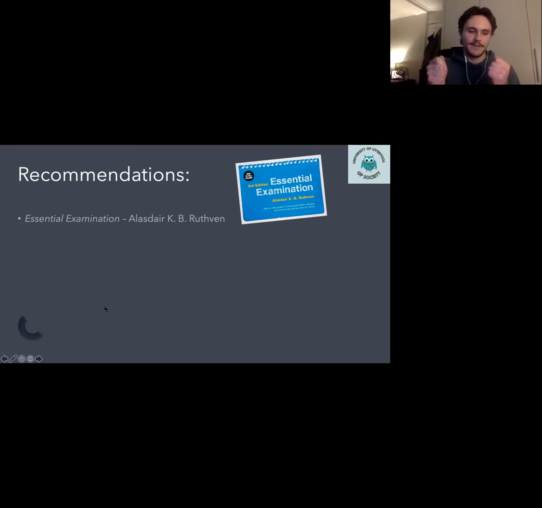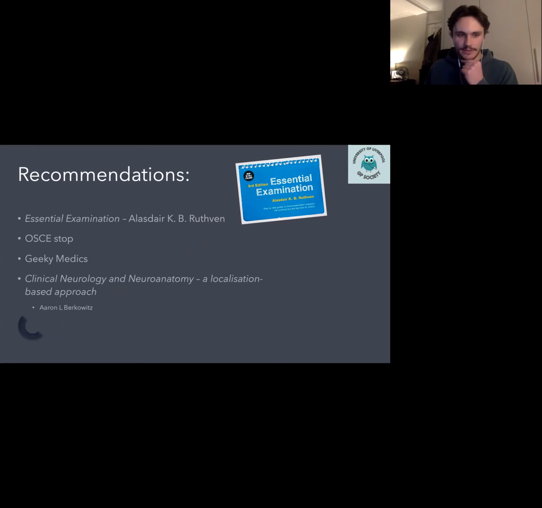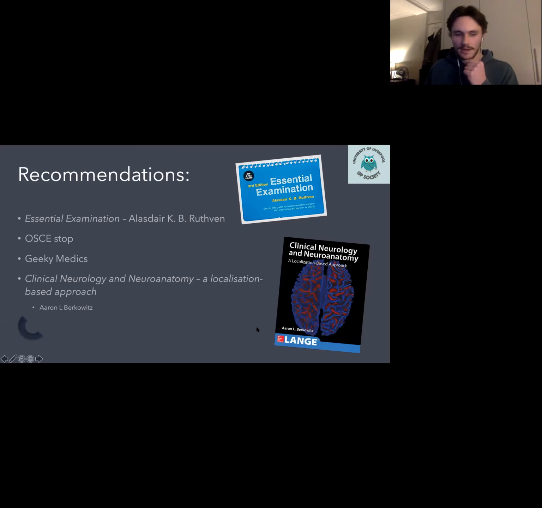It's nice to have a book that's quite small and you can take with you wherever you need as well. OSCE Stop's really good. Geeky Medics is really good. And then for the neurology section specifically, this is really comprehensive, but also nice to read and flows and explains things really well. So if you're interested in the neurology side of things particularly, this book is really good.